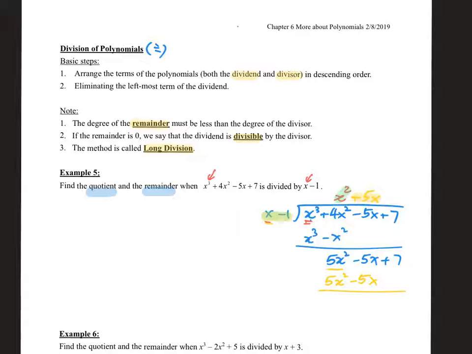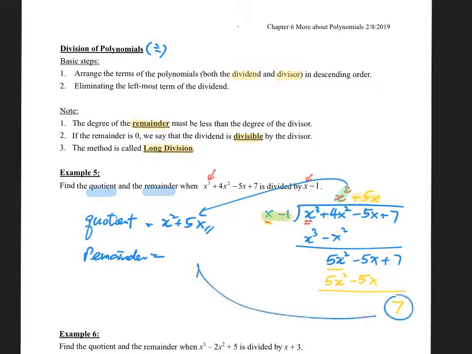And then finally, we also do subtraction of these two layers, and you've got a 7. So as a result, in this long division, the quotient will be x squared plus 5x, while the remainder, that means the remaining part after the division, is 7.